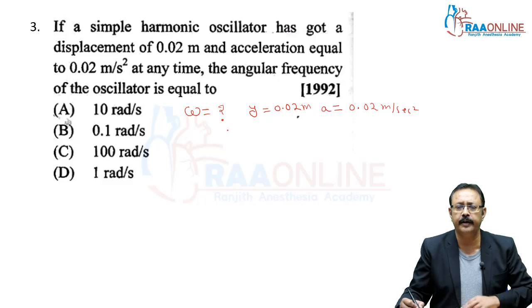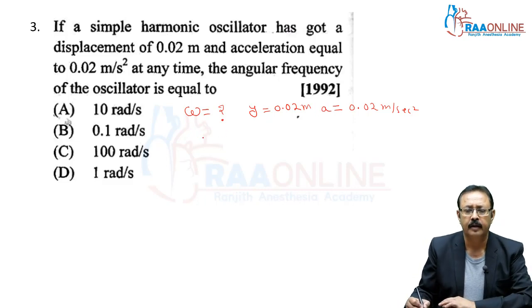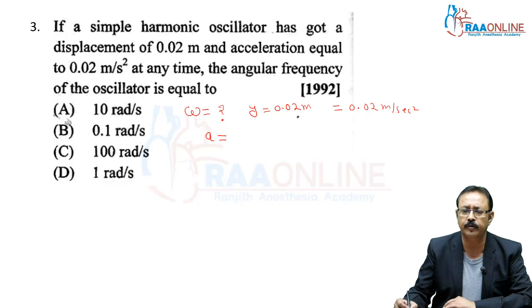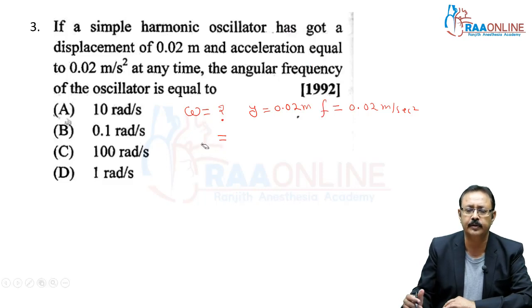So no need to worry, we have a formula. Acceleration, magnitude wise, we denoted by F. F was minus omega square y, but magnitude wise F was omega square y.